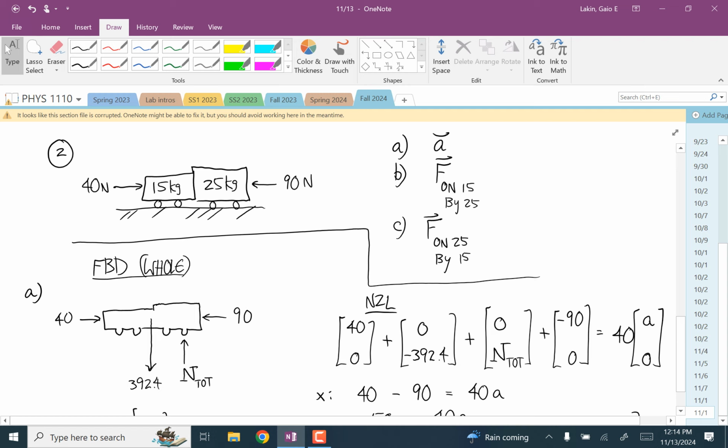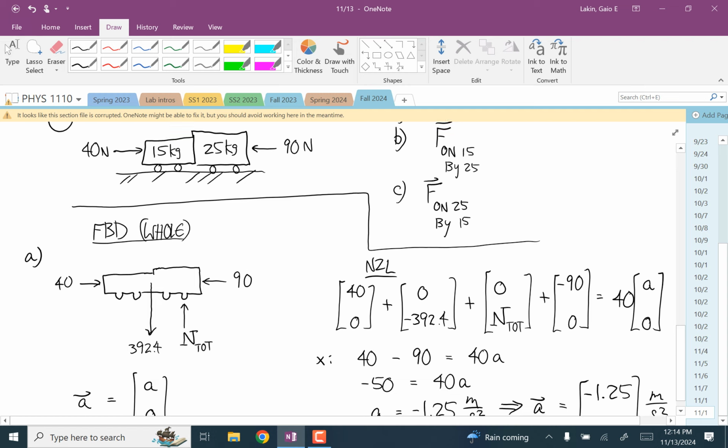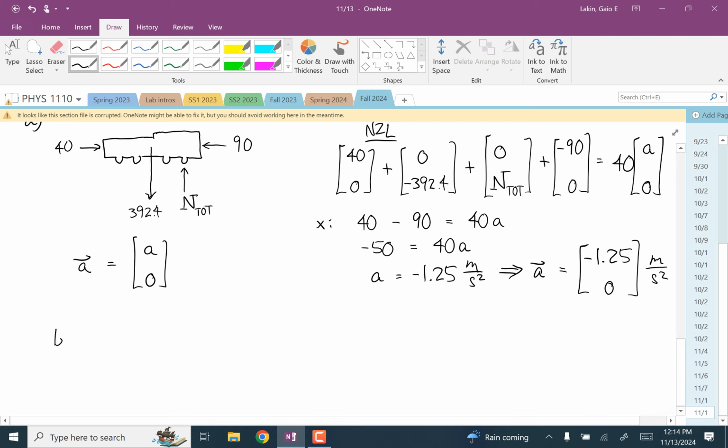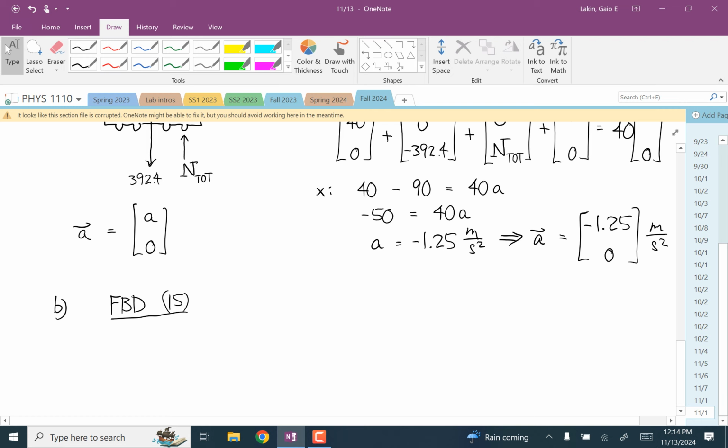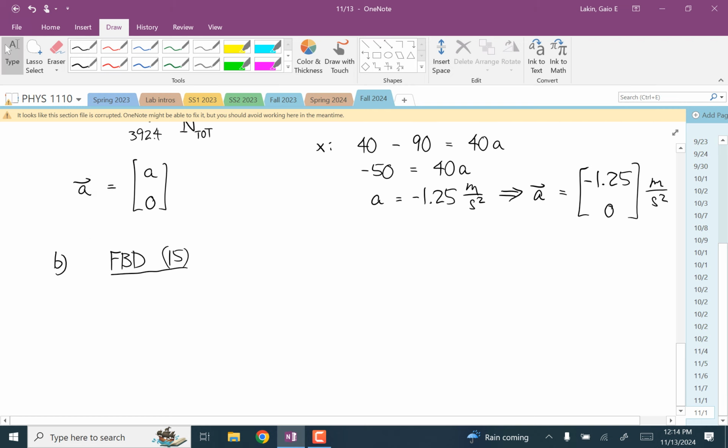And now for parts B and C, we have to isolate individual ones of these. I guess I'll start by isolating the 15 kilogram. You could actually do this problem by isolating either one of them, if you remember Newton's third law.